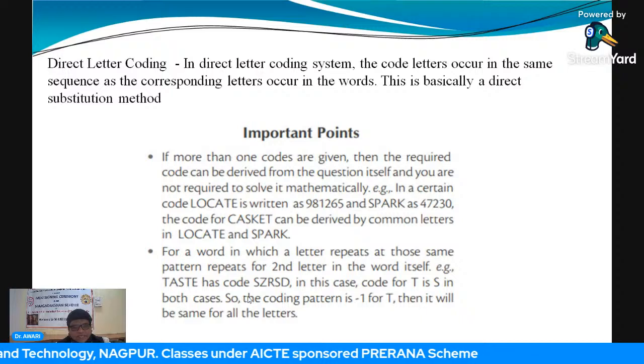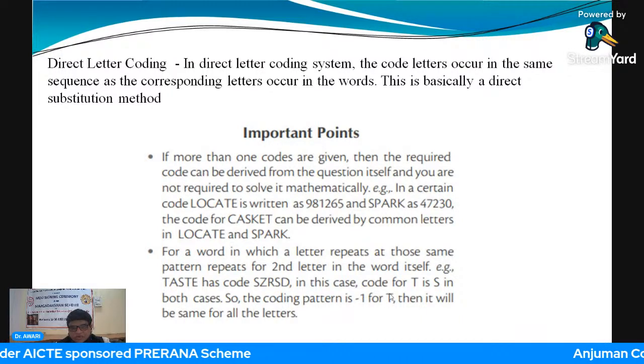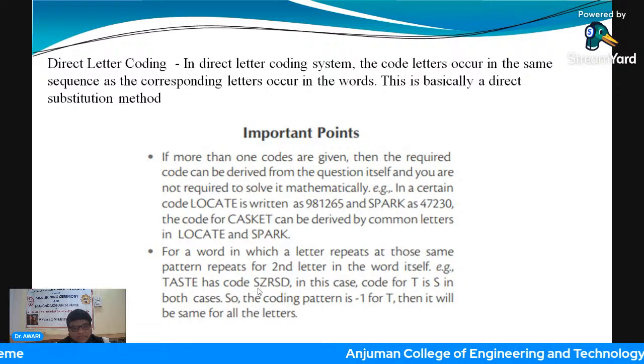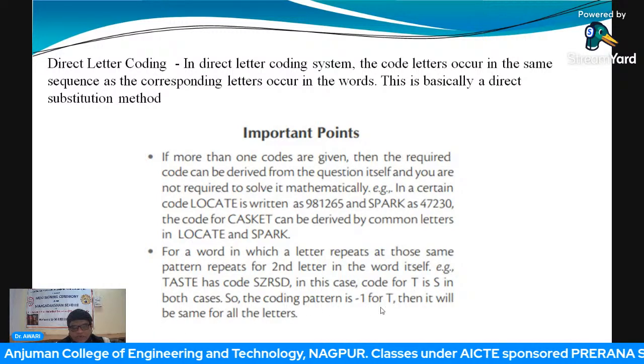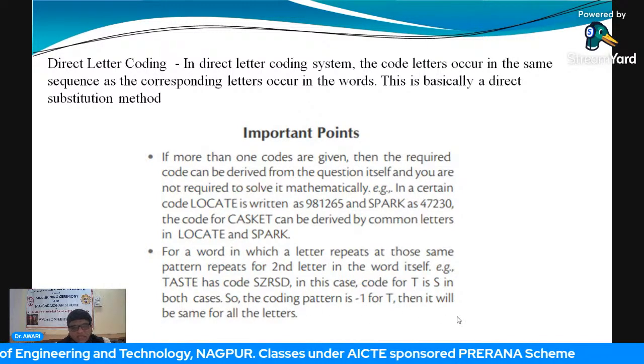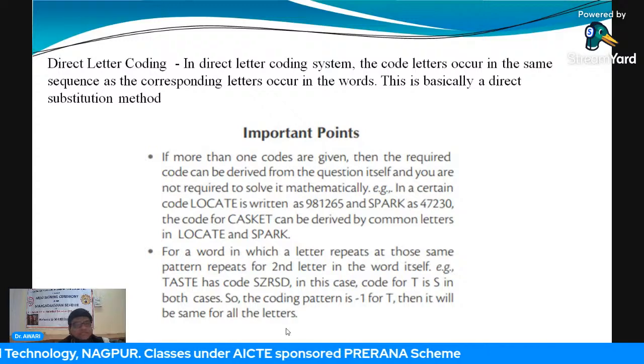Example, test has a code of SZRSD. So in this case, the code for T is S, which is the first alphabet in this word. So S in both cases. So the coding pattern is -1 for T, and then it will be the same for all the letters.